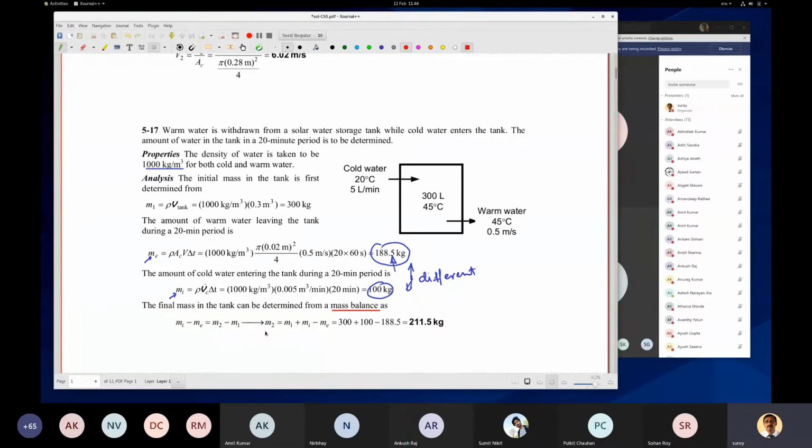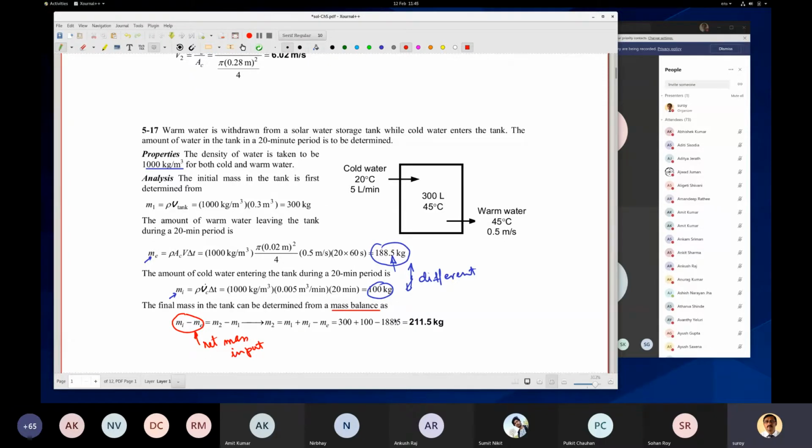So this gives us the net mass input. It is not a steady state, steady flow problem. So there's a net mass input.